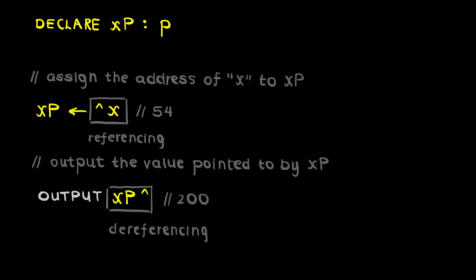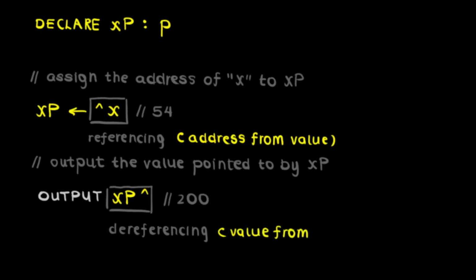Referencing is very simply address from value, and dereferencing is value from address. So the difference is basically the circumflex before with some variable to get the address from the value, and the circumflex after given a pointer to get the value from the address. So those are the basic terminology associated with the pointers and pointer data type.